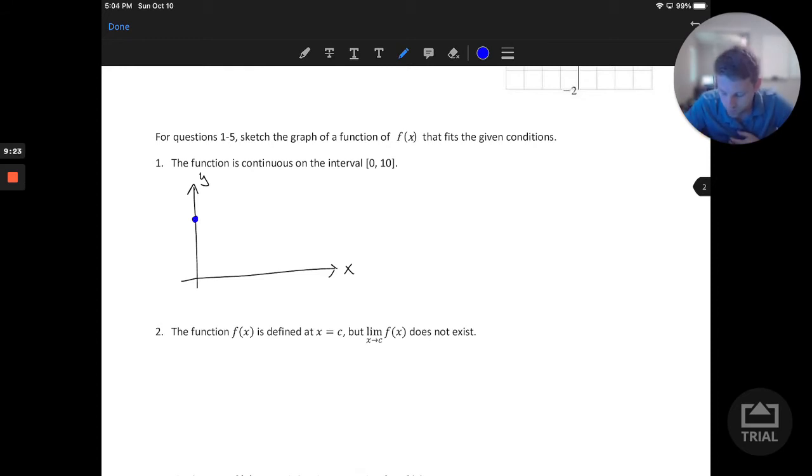And I want to also be defined over the whole interval until I reach some point x equals 10. So over this interval, from 0 to 10, I would be a continuous function. Again, it doesn't matter what type of function we have as long as it's continuous with no breaks or holes in the graph. So that would be a continuous function over the interval 0 to 10.